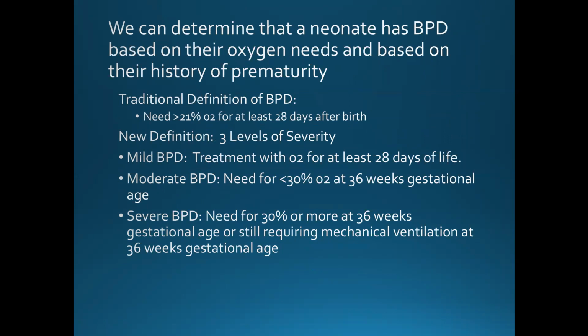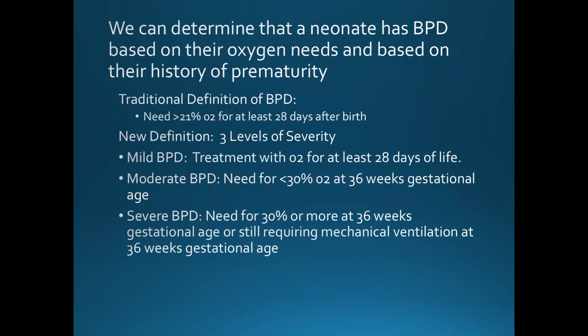So this goes into the same thing. It says the traditional definition of BPD was they need oxygen for at least 28 days after birth. But now they break it down, and they do mild, moderate, and severe BPD. Mild BPD is they need O2 for 28 days of life.